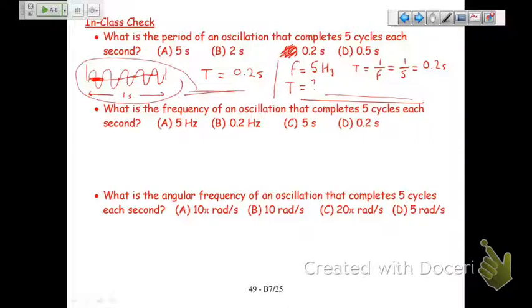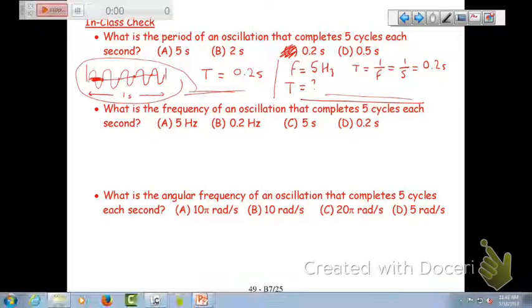Get good at both. What's the frequency of an oscillation that completes 5 cycles each second? Oh, I think I've answered this, but have a go at it. Let's just get used to it. I'll give you until 30 seconds on this one.